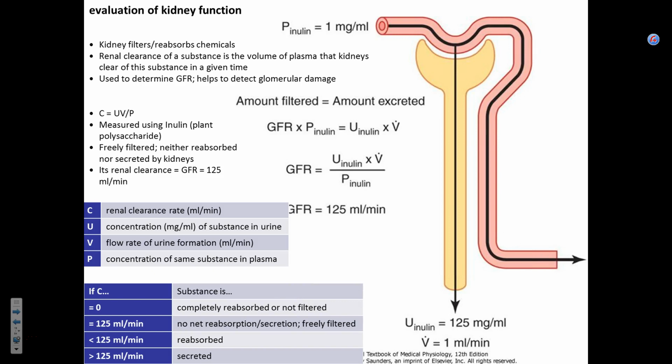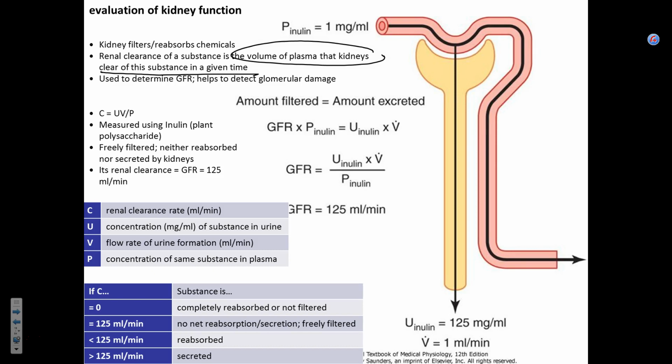Okay, so a really clinically important parameter is the evaluation of GFR. How do we evaluate kidney function? We measure the renal clearance. And the term renal clearance, the physiological sense of it, is the volume of plasma that kidneys clear of that substance in a given time.